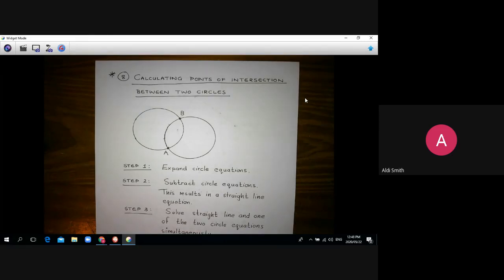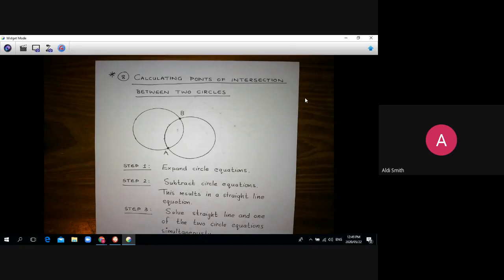But what you need to realize is, with two circle equations, the one has got an x squared and a y squared and an x and a y, and the other one has got an x squared and a y squared and an x and a y. You've never simultaneously solved two circle equations. Every single time you've done it so far, you've had a straight line and a circle. So you managed to find the points of intersection between a chord and a circle, or a secant, meaning a line that cuts the circle, and a circle.